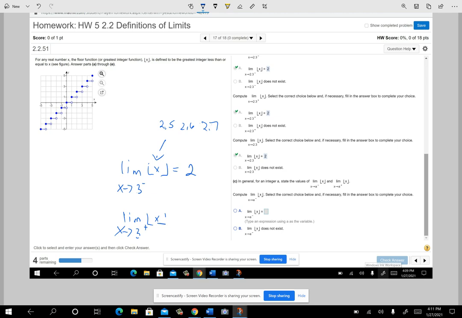So that would be 2. But when I approach 3 from the right, what I should be testing is, what if I'm at 3.5? What happens when I go to 3.4?